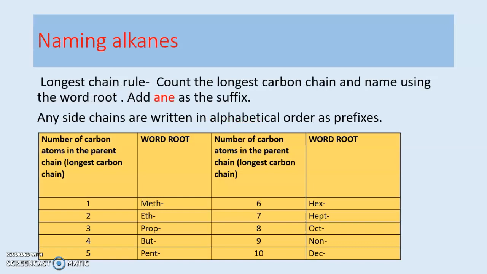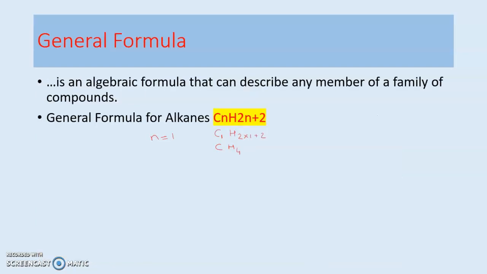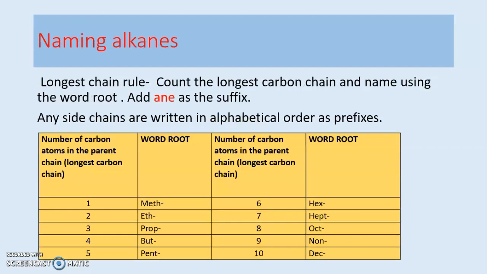When I do the whole series of alkanes, I would end up with lots of different carbon atoms. So I need to know how to name these alkanes. We know that that's the general formula of alkanes. I need to find out how many carbon atoms are in that compound. It might be that I have to find the longest chain, and any side chain will be written as a prefix.